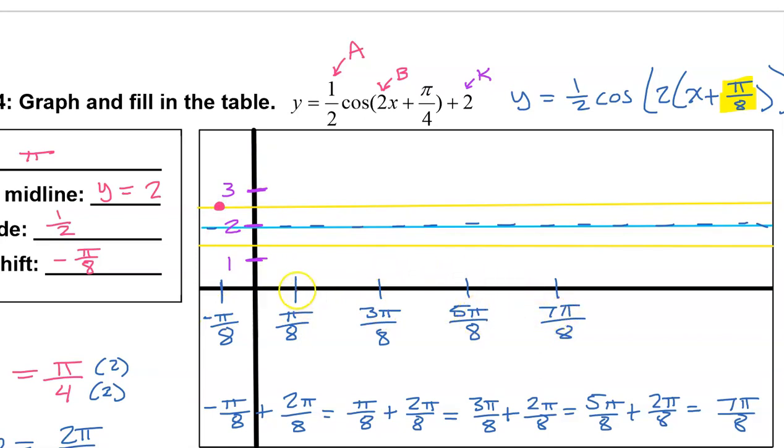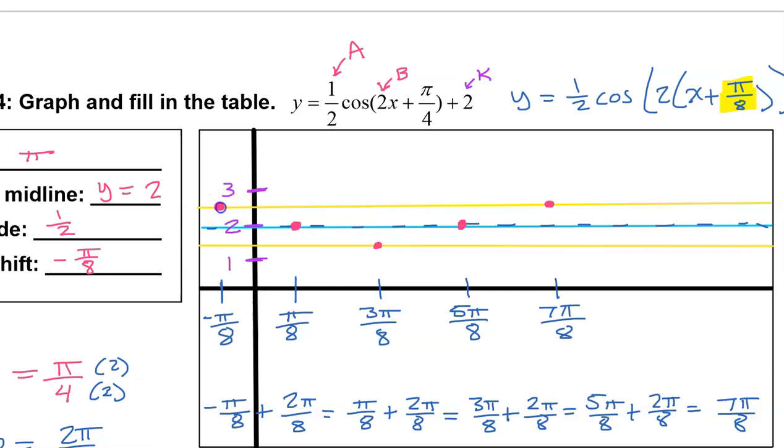A quarter period later, the cosine function always falls to the midline. Then it continues to fall to its lowest point after another quarter period. A quarter period later, the cosine function rises back to the midline, and finally the cosine will rise to its highest point.